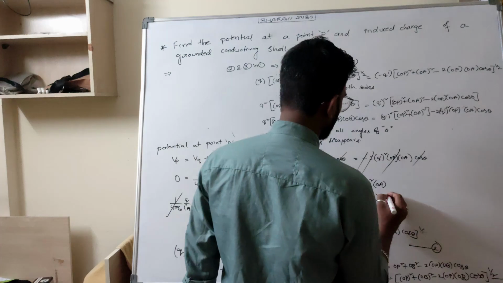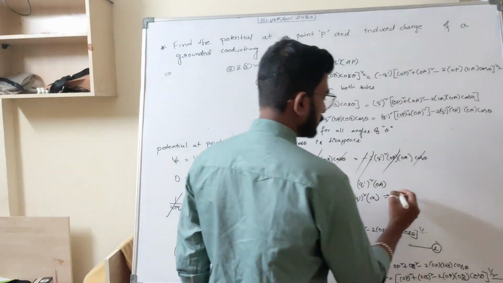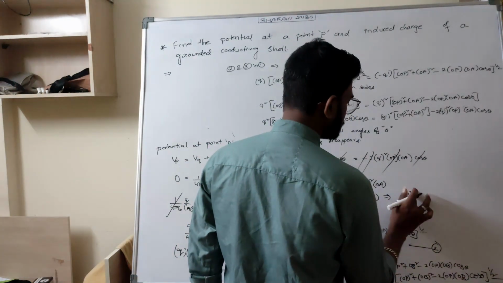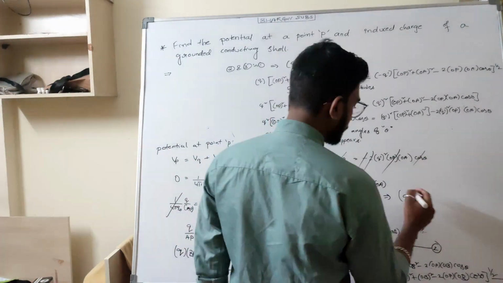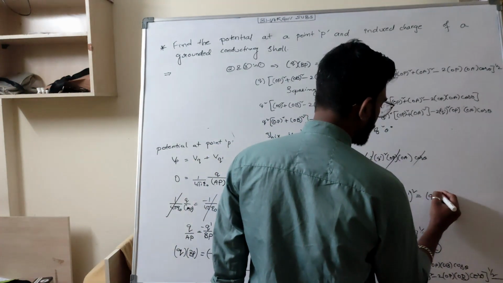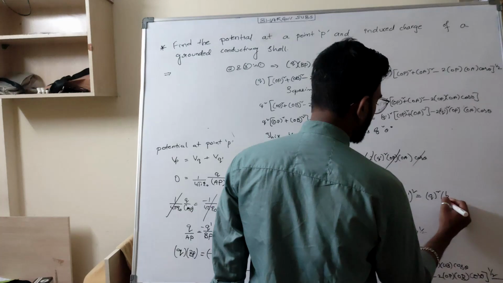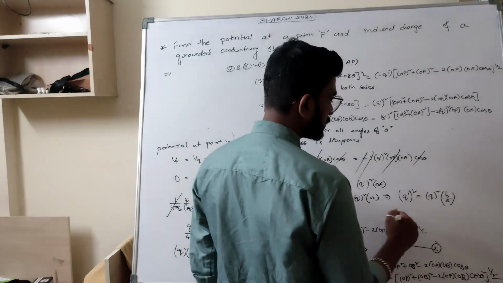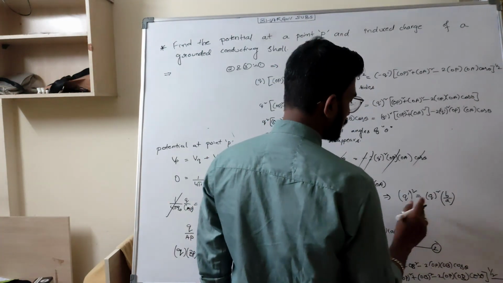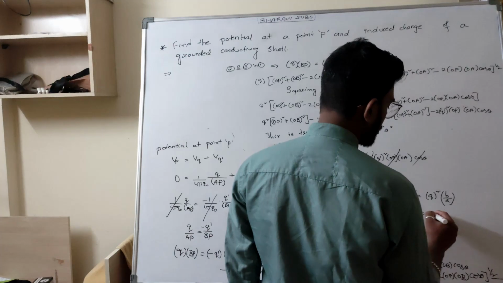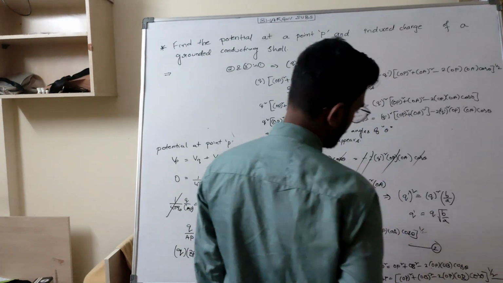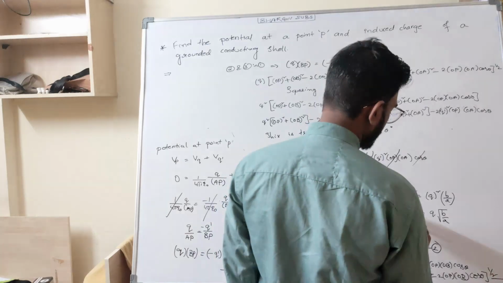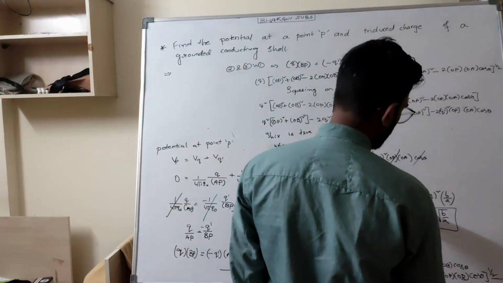So I want q dash square, so q dash square is equal to q square into b by a. I am transferring the square to that side, so q dash is q into root over b by a.